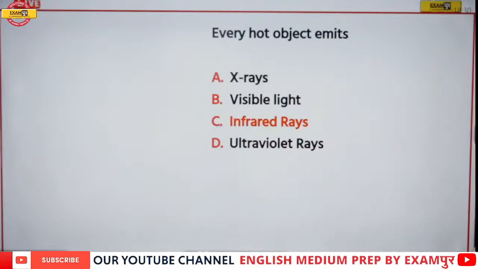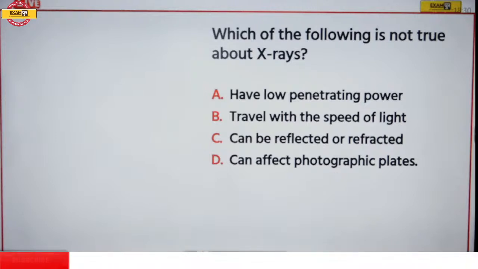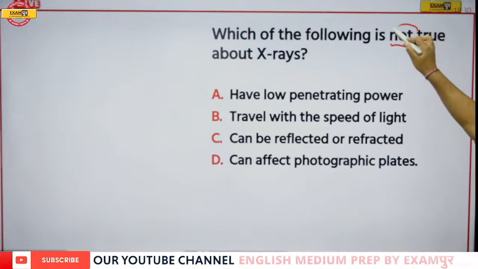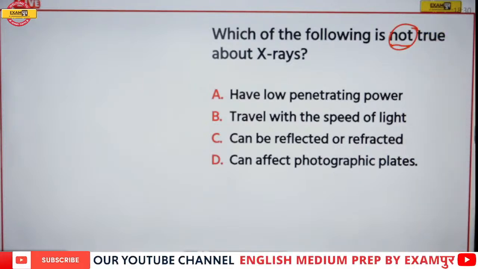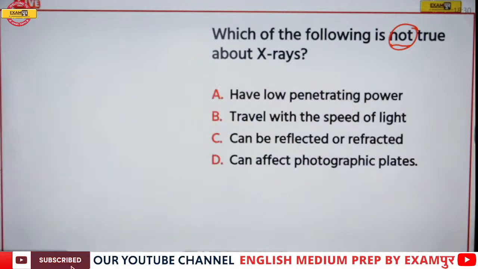Next, which of the following is not true about X-rays? They have low penetrating power. They travel with the speed of light. They can be reflected or refracted. They can affect photographic plates. So please have a look at not. This means we have to take out the wrong statement about X-rays. What is going to be the correct one?